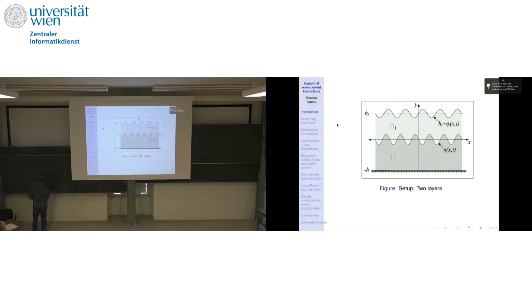As we said, Z is the vertical. Well, here it's Y, but it's actually Z. So we have an internal wave. This is a system with two densities, and it involves a surface wave, which is at some average level, H1. And 0 is the average level for the internal wave.